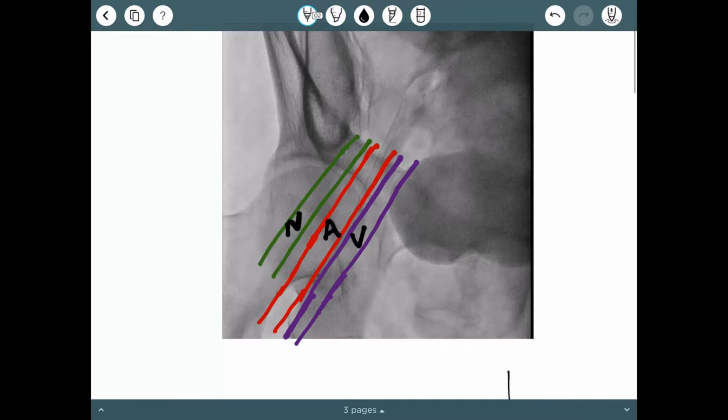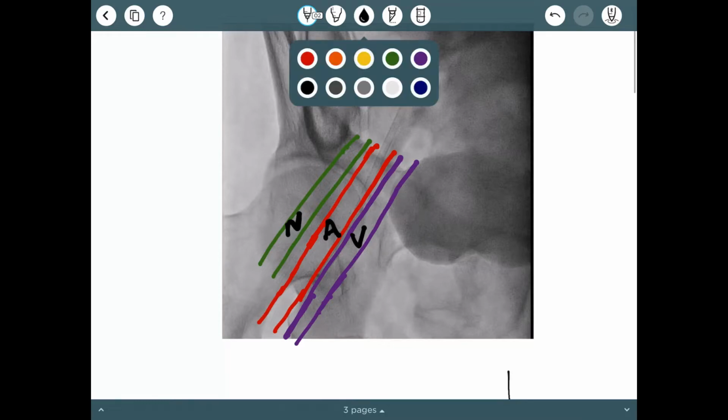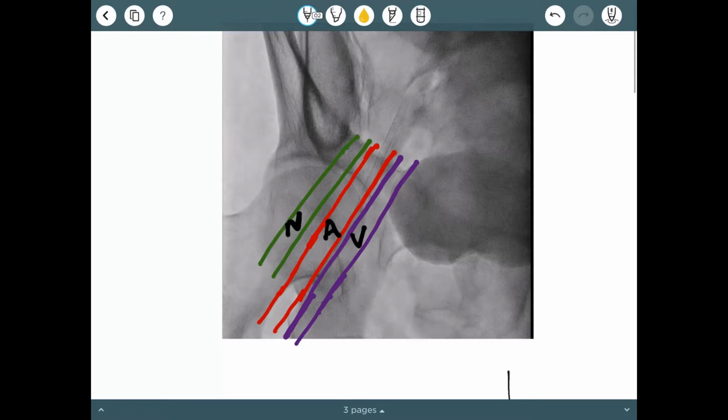The artery is very much related to the inner border of the neck of the femur and lies along it. The common femoral artery lies almost in the center of the head of the femur, and the vein is aligned to the inner border of the femoral head, and the nerve is most lateral.